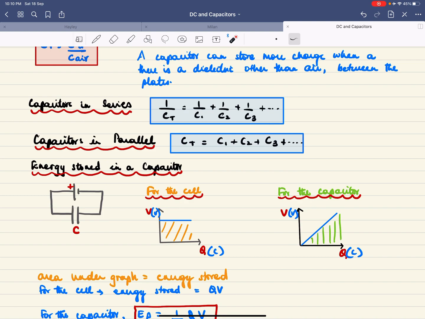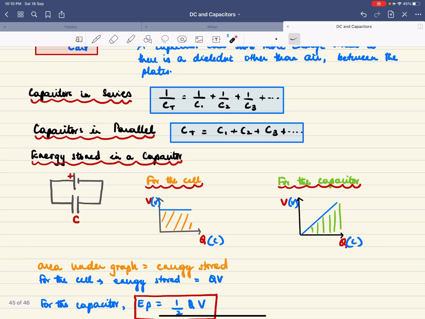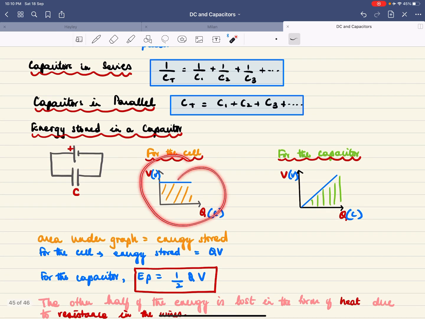So the cell supplies the same amount of energy to every coulomb of charge that enters the cell. So a graph of voltage against charge is a straight line, saying the voltage supply is constant. The area under the graph line is the energy that is supplied by the cell, and in this case for the cell it's Q times V, it's a rectangle.